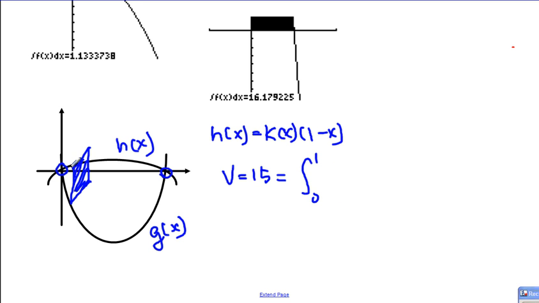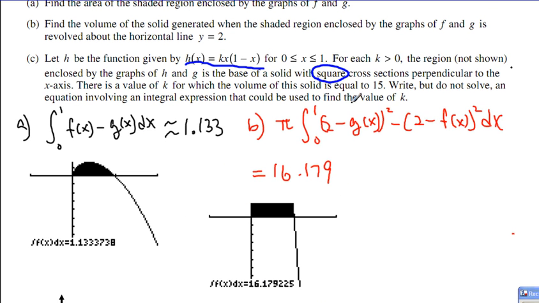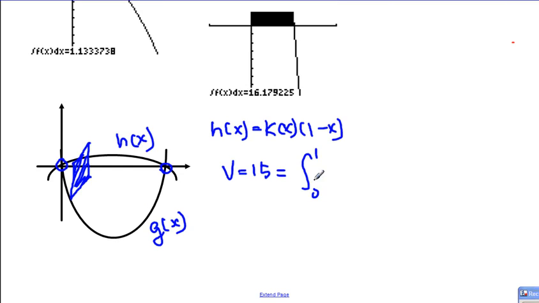Now, what is the length of one side of the square? In fact, it will be simply h of x minus g of x. In this case, I believe they wanted us to find the value of k. So instead of writing h of x, I'm going to write down this expression itself, k x times 1 minus x.